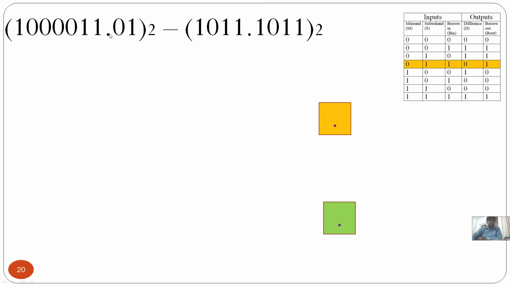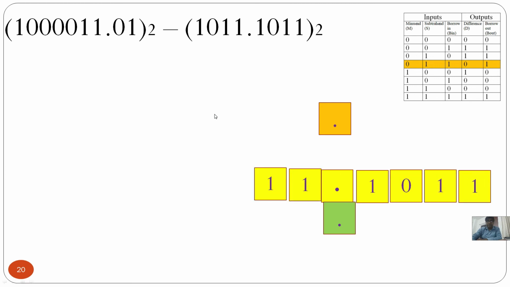In this operation, look at the position of the point. Here the point is before 2 digits. Here the bits after this point number 2, and here the number of bits is 4. So we have to write the point in a particular position.